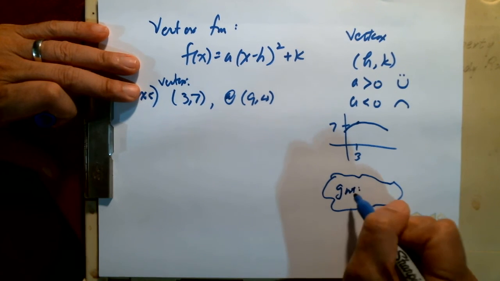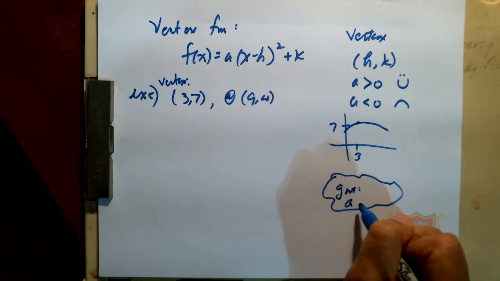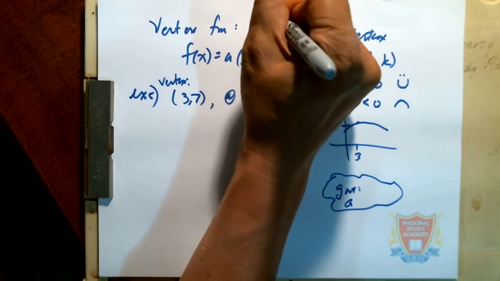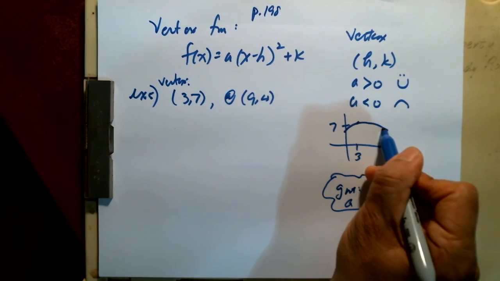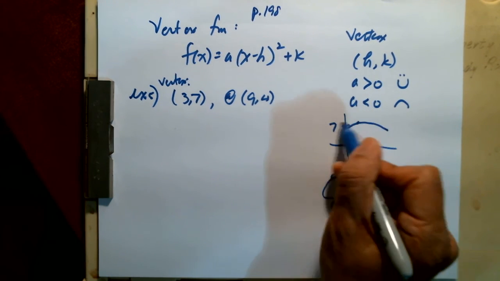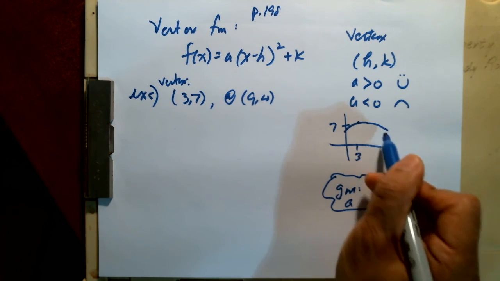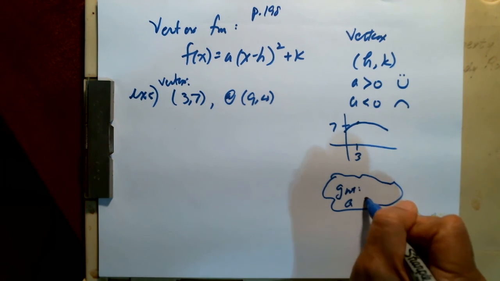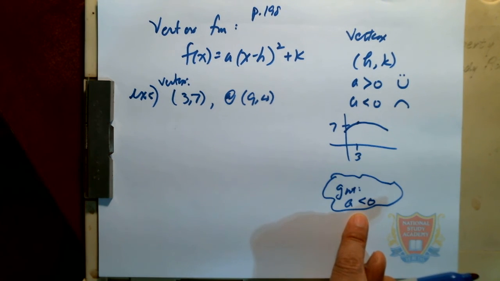What does your gut say regarding the value of a? Is it greater than 0 or less than 0, according to page 198? According to this dolphin jumping up through the water, as it jumps up, it looks like it's going to be a frowny face. That means a has to be less than 0. That's our gut.